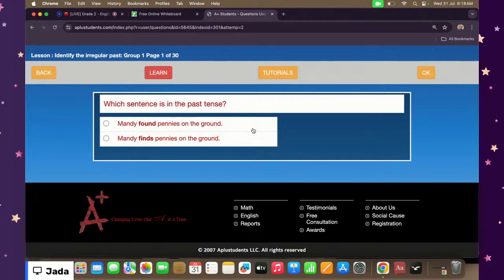Which of them is in the past? So we have Mandy found pennies on the ground, and found here is the past tense of find. So find is in the present and found is the past.